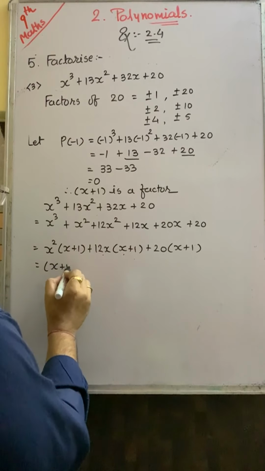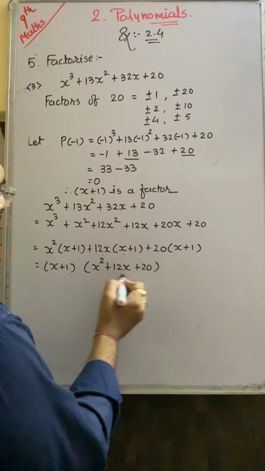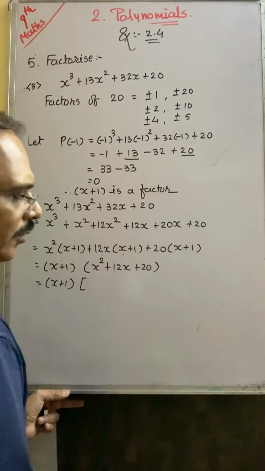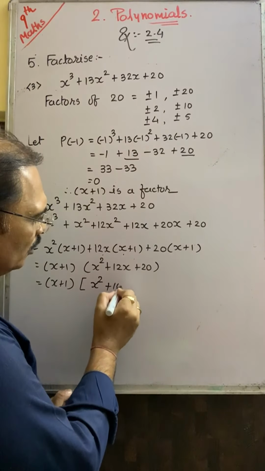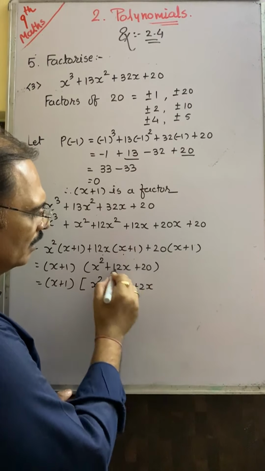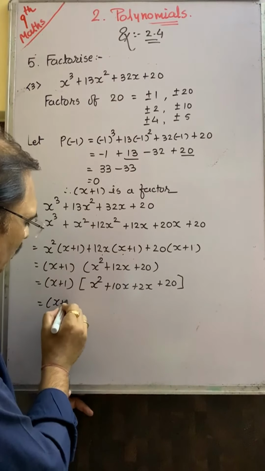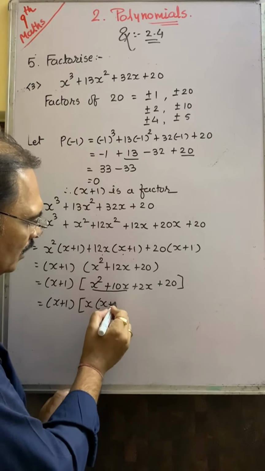Take x plus 1 common, remaining is x square plus 12x plus 20. Simple. Splitting the middle term: factors of 20 are 10 twos are, so I write 10x plus 2x, that is equal to 12x, first term and last term as it is. x plus 1 as it is. Make a group of the first two, take x common, x plus 10.